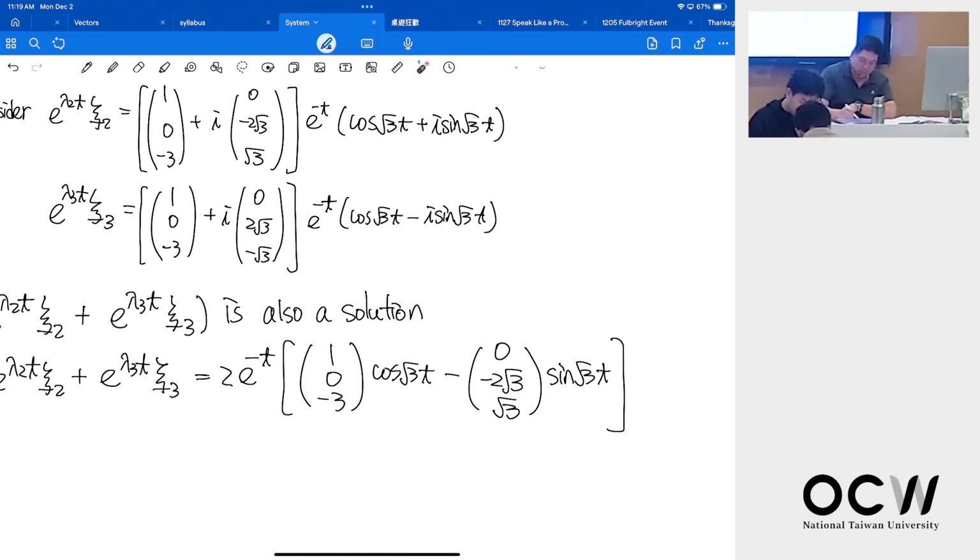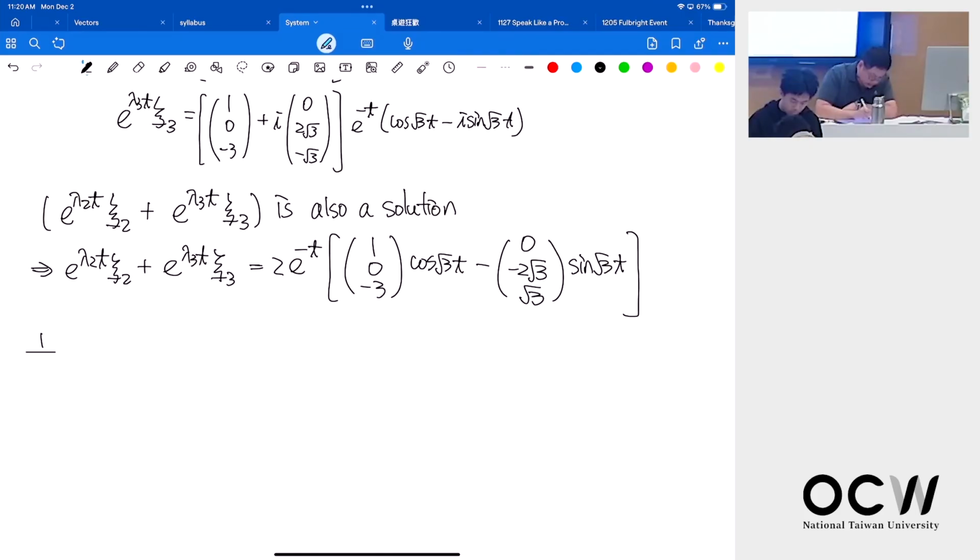Okay, this is a solution. No imaginary, no complex numbers here. And if I subtract these two solutions and divide by i, this is also a solution.